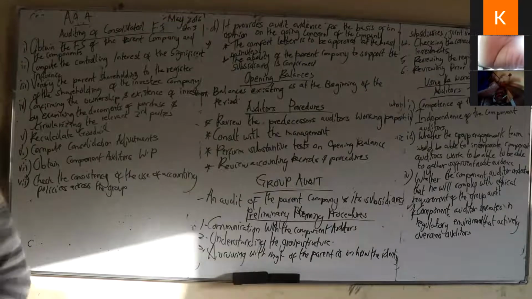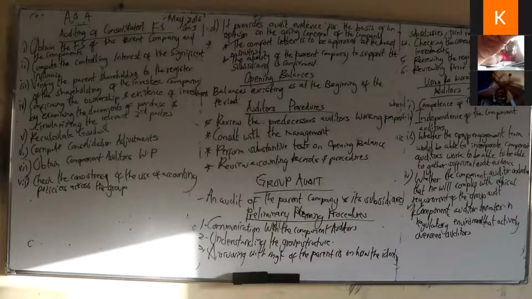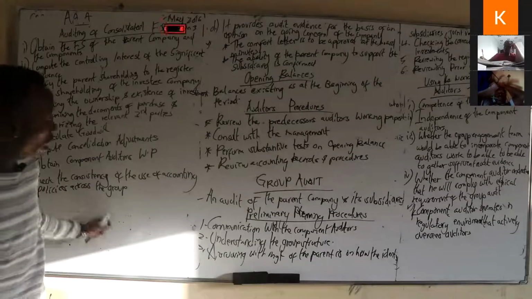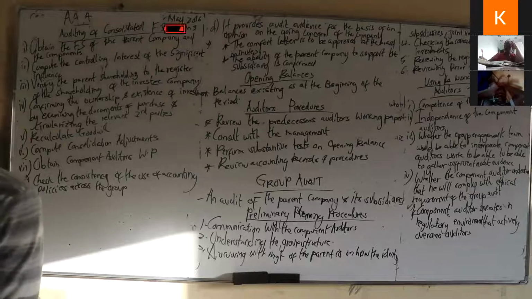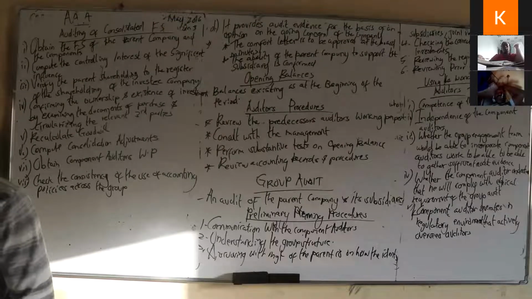And then on the basis of reporting, where the members of the group have different reporting dates, special accounts should be created. And then the auditor should also consider loss-making subsidiaries and assess the going concern of the same.